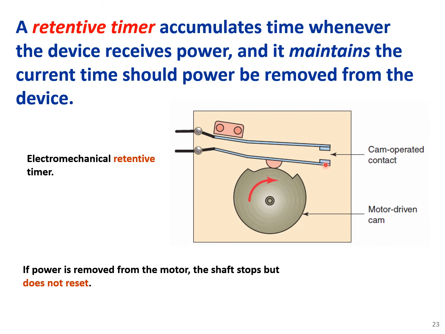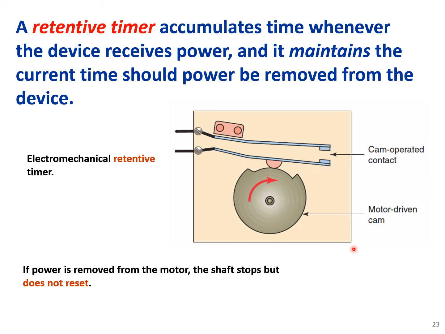Here we have a mechanical version, and you see that here is a contact, and the contact will be closed once we are in this region. This is a cam and this one is a follower, let's say. So once we are in this region, the contact will be closed.